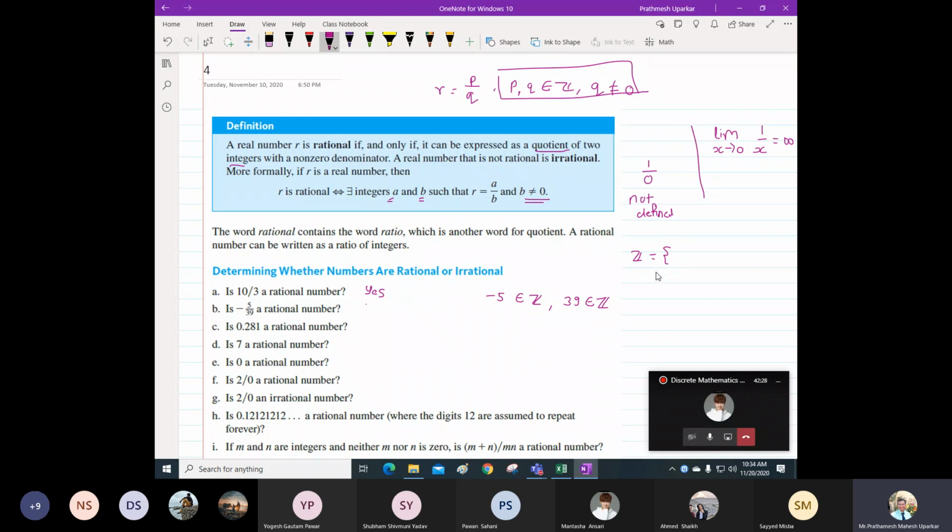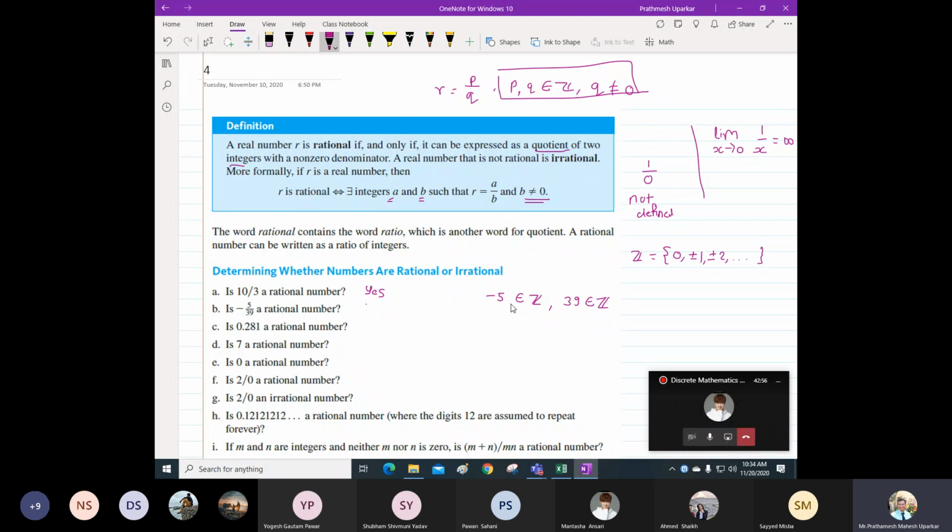What is the set of integers? Zero, plus or minus 1, plus or minus 2, dot dot infinity.